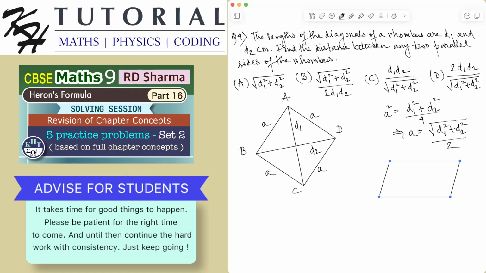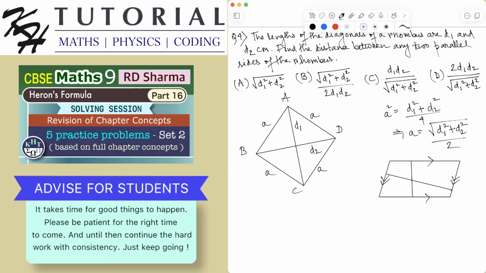The perpendicular distance between these two parallel sides is this, and the distance between the other two parallel sides is this. So this will be different. In general, the distances between the opposite parallel sides are different in a parallelogram, but in a rhombus they are the same. That is why the question asks to find the distance between any two parallel sides. It will be the same.